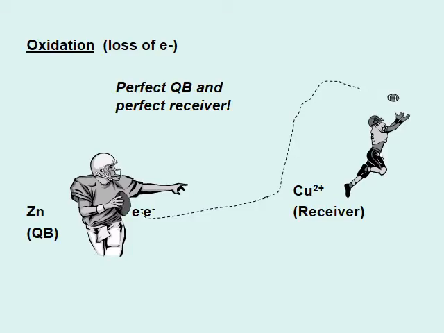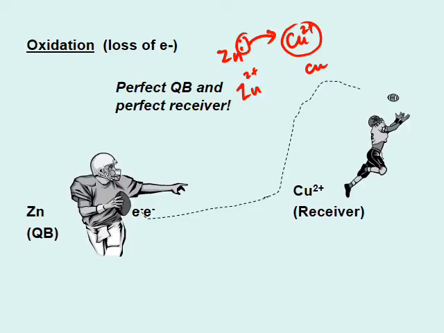Now, oxidation reduction reaction happens simultaneously. Just like in a football game, you need to have a quarterback and a receiver. In the reaction that I have shown in the previous slide, zinc is giving up 2 of its electrons, and copper 2 plus is receiving those 2 electrons and becoming copper. So zinc becomes zinc 2 plus after losing electrons, and copper 2 plus becomes copper. And this happens simultaneously.